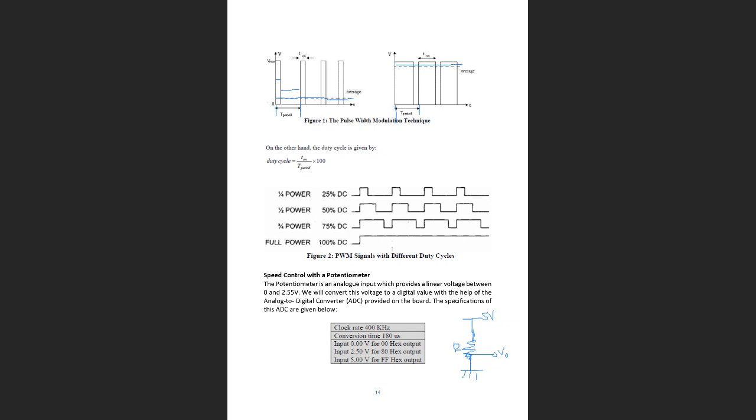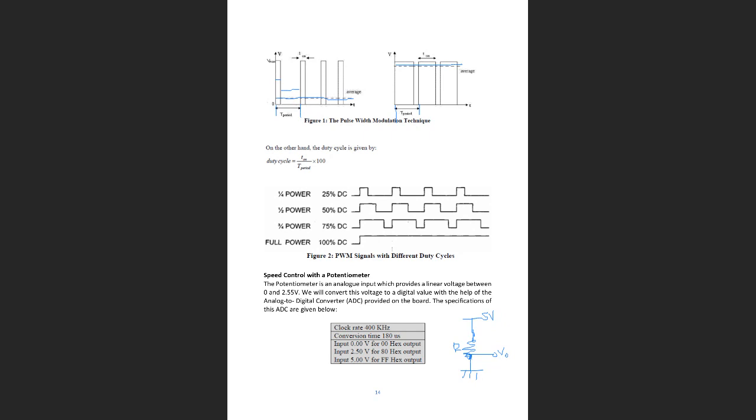What is the idea, or how can we use the output of this potentiometer for speed control? What we want is that if the output voltage is low, then the motor speed should be low. That means the off time is more.